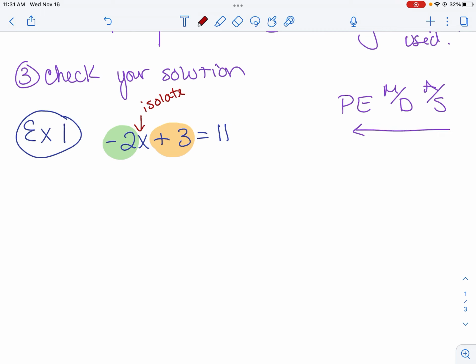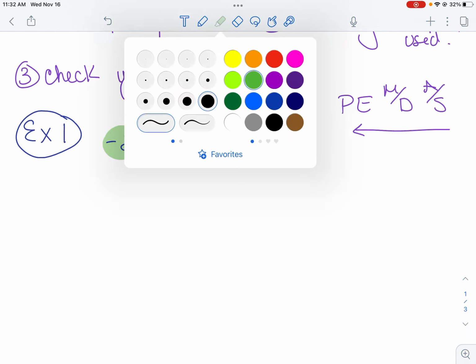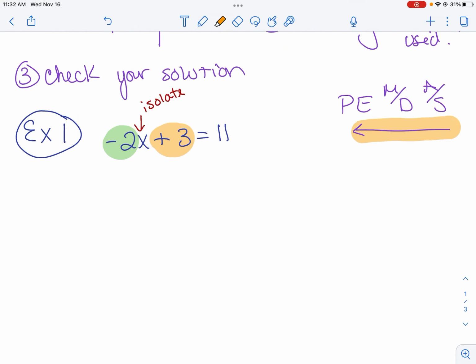And I'm doing that by reversing my PEMDAS, right? So that means I want to start by adding and subtracting anything away first. So I see there's a plus 3 that's been added on to the x. So I'm going to use my subtraction property of equality and subtract 3 from both sides of the equation.